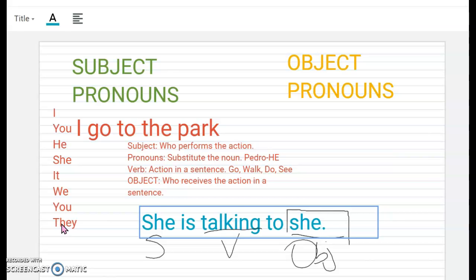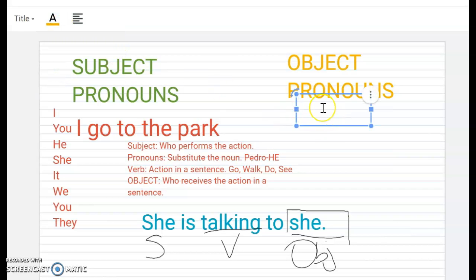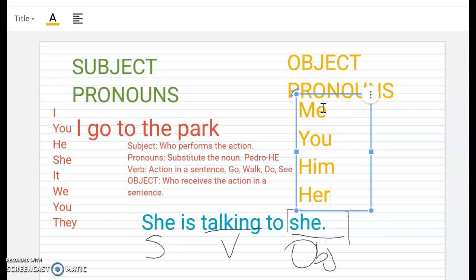So for the object pronouns, we have me, we have you, we have him, her, it stays the same, so it's it.